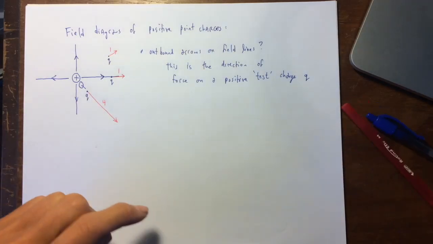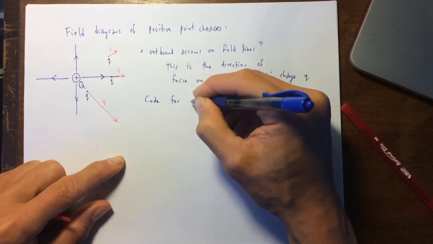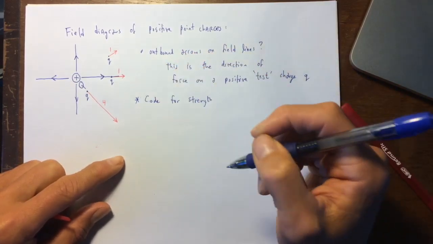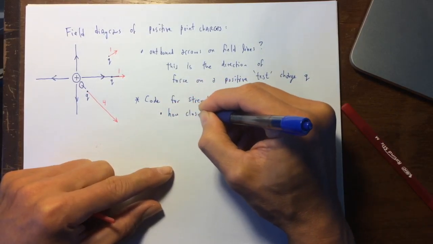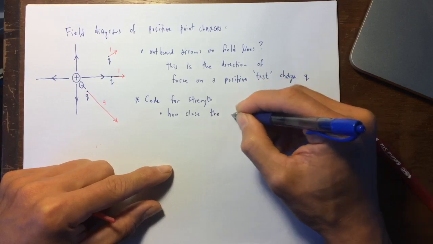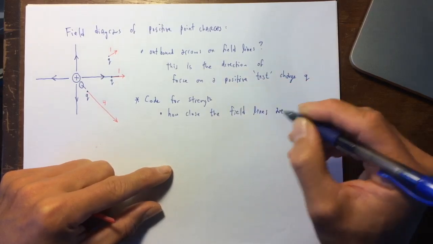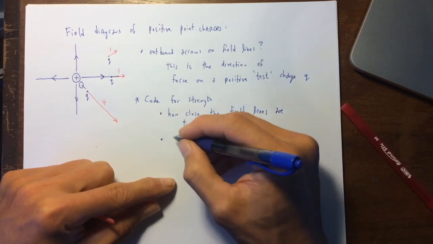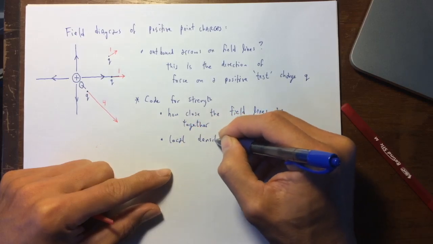So the code for strength, it's how close the field lines are together. Another way to say this is it's the local density of the field lines.